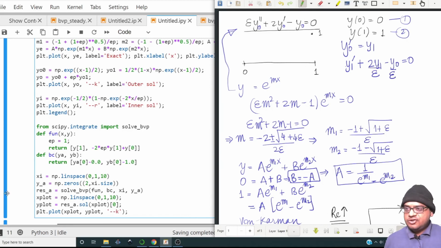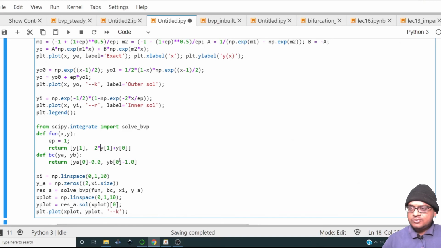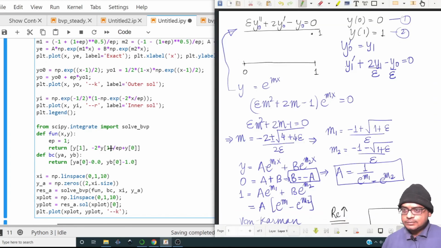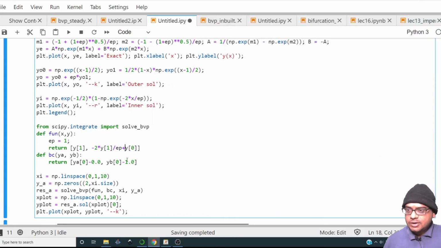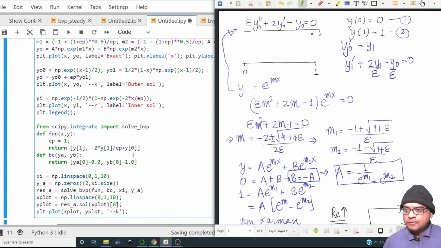So now I will change the return value of the function. So y1 will stay. This will be minus 2 y1 upon epsilon, minus y0, rather plus y0 by epsilon.